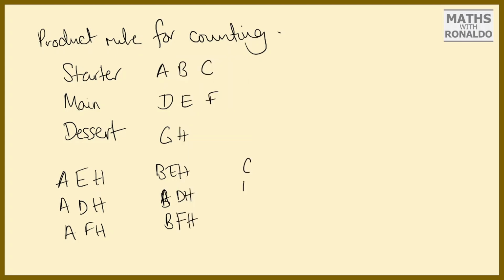We can have C, E, G, whatever you like. What's important is we have 3 options here, 3 options here, and 2 options here.